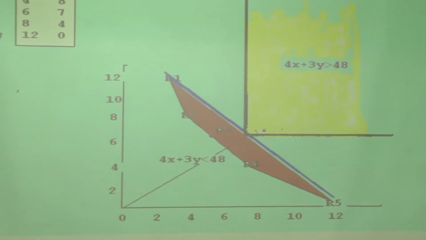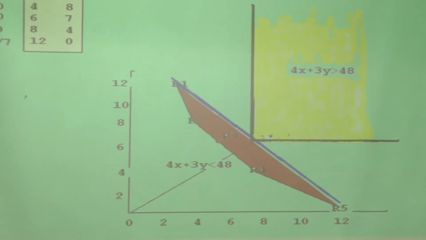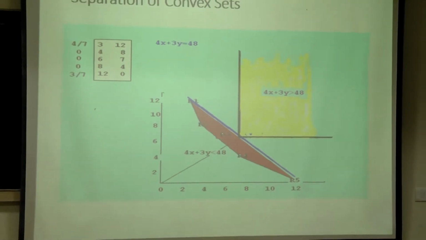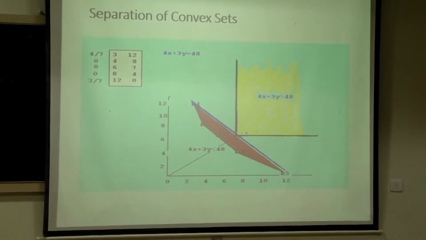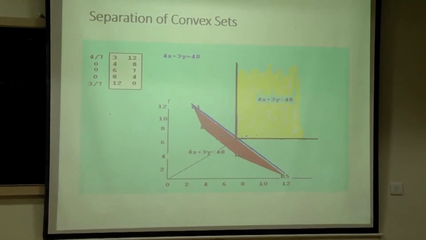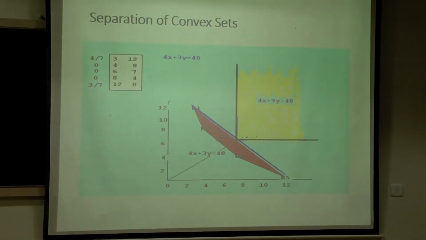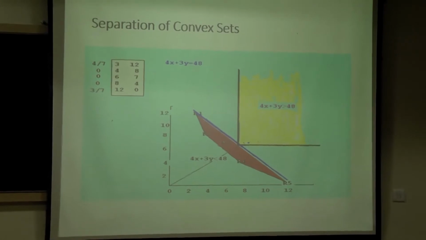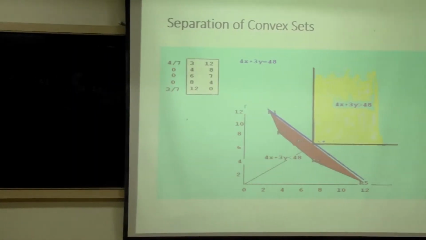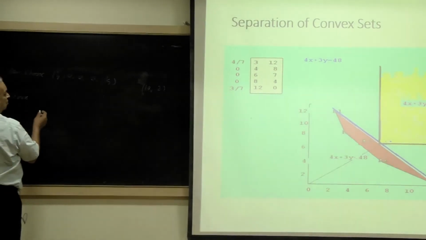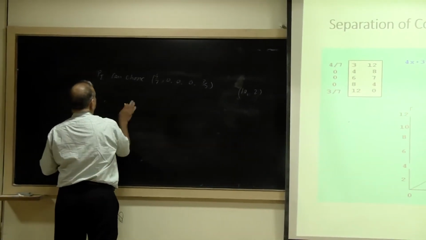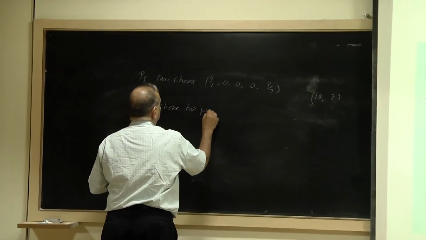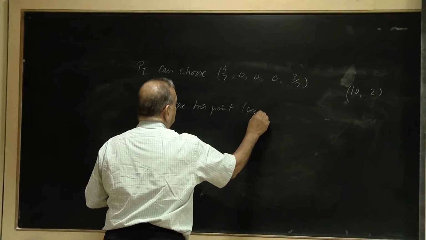So player 1 can choose 4/7, 0, 0, 3/7 to choose his point secretly.